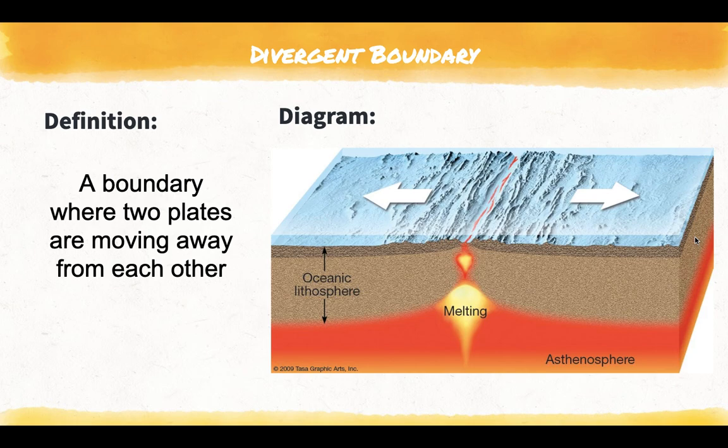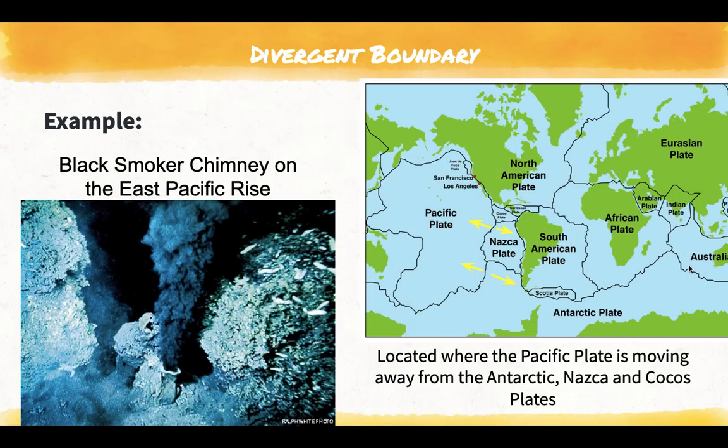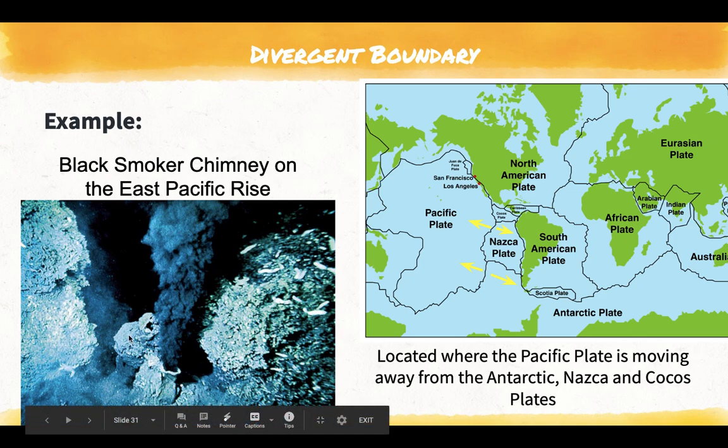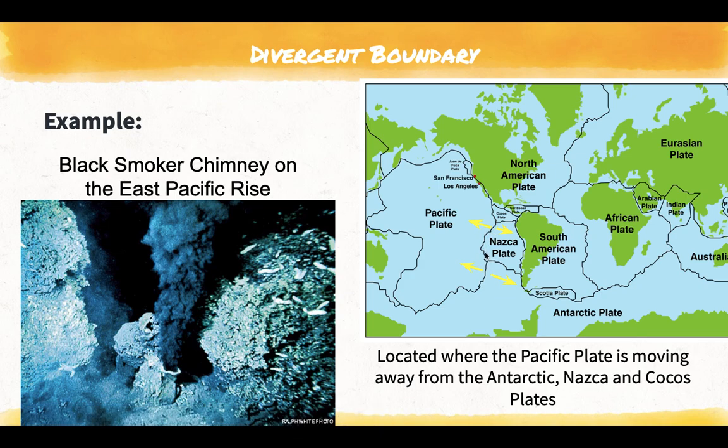A divergent boundary is the second location we find volcanoes on our planet. At a divergent boundary, you have 2 plates moving away from one another. A great example of a volcano found at a divergent boundary would be this black smoker chimney. That is found over in this area where the Pacific plate is moving away from the Nazca plate, or vice versa, Nazca away from Pacific, moving away from each other.